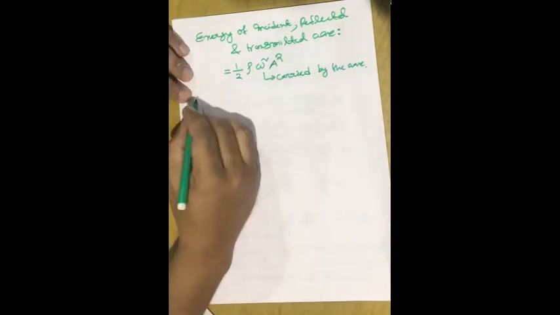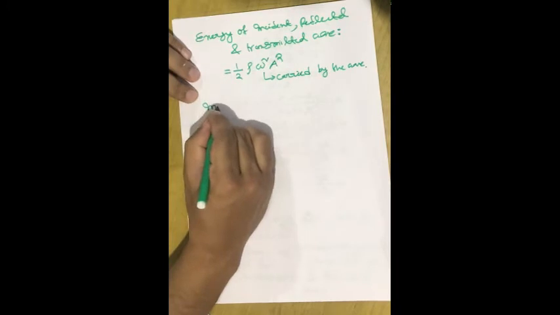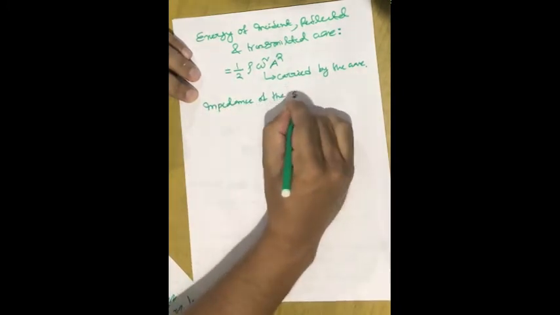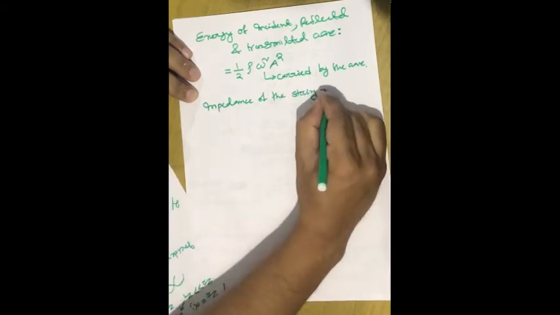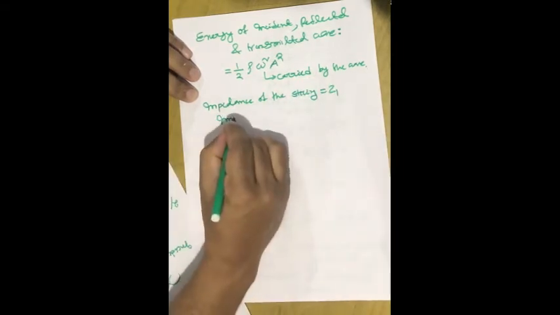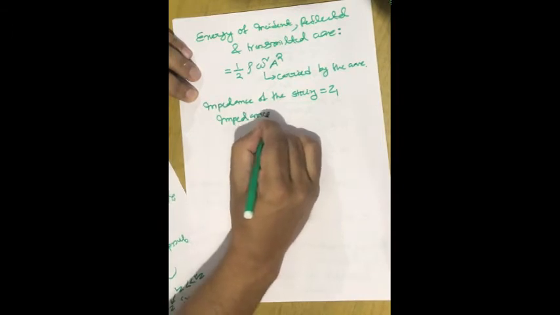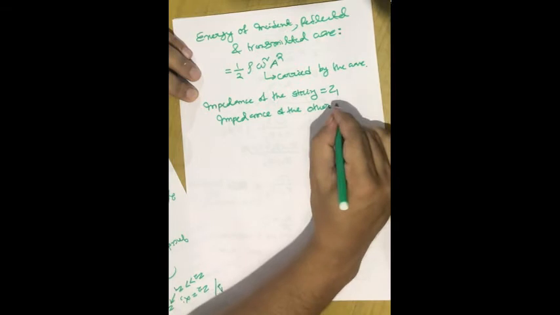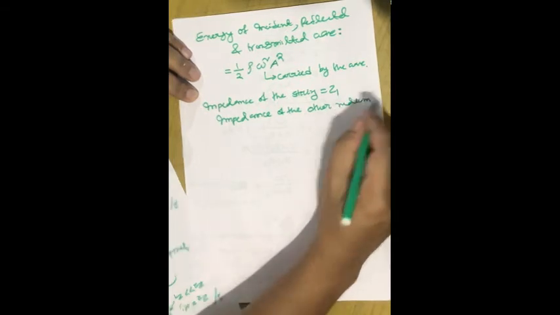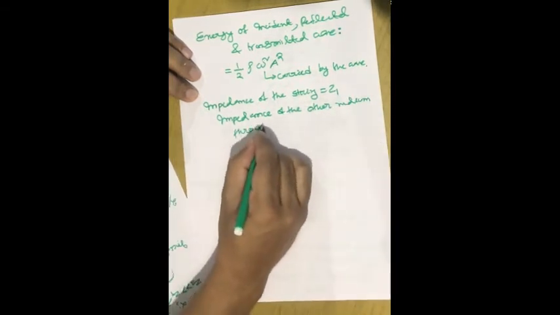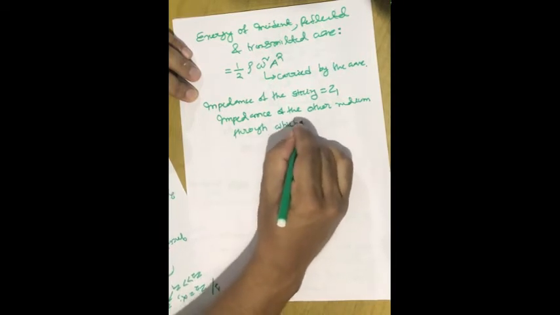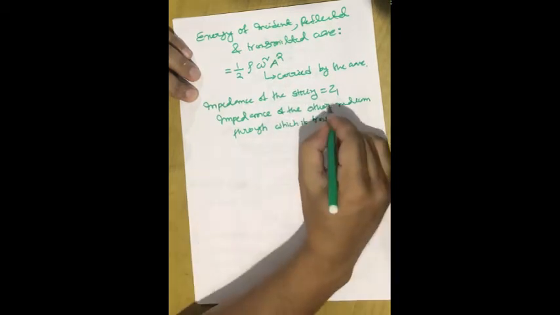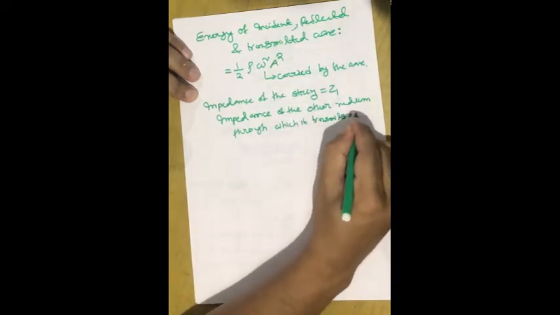So we know that the impedance of the string is equal to Z1, and the impedance of the other medium, other than the string, through which it transmits, is equal to Z2.